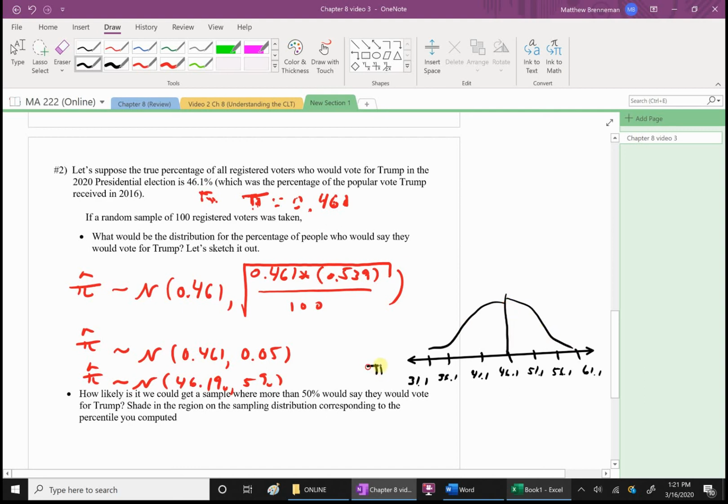So these are sample percentages. So if you took random samples of size 100 from a population where the true population percentage of people that would vote for Trump is 46.1%, the sample percentages would have this distribution right here. Okay?